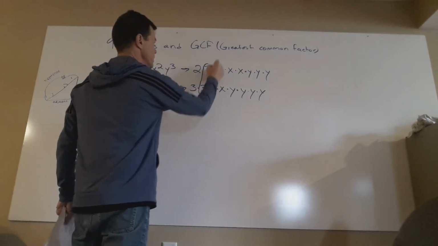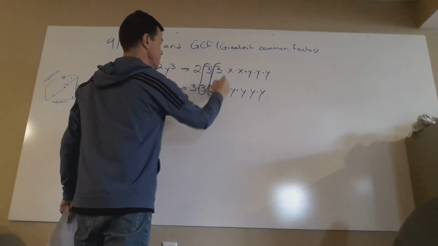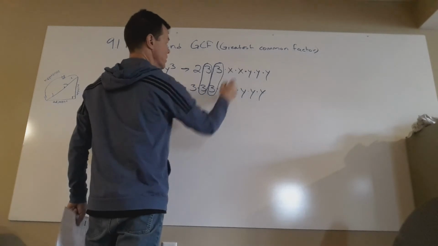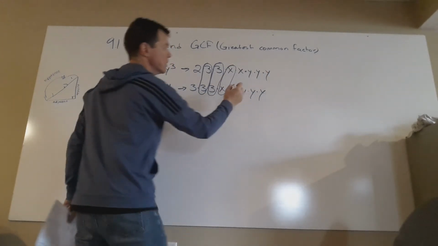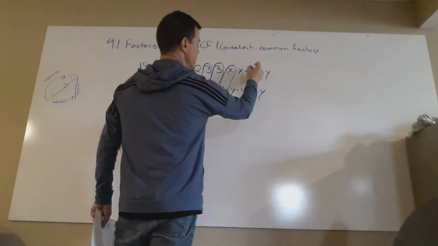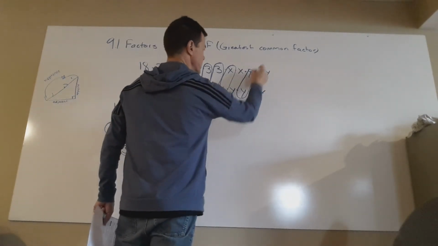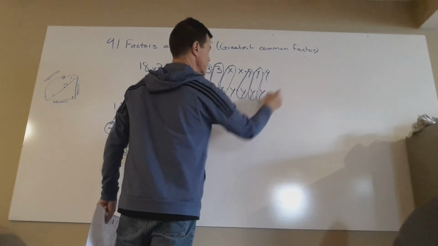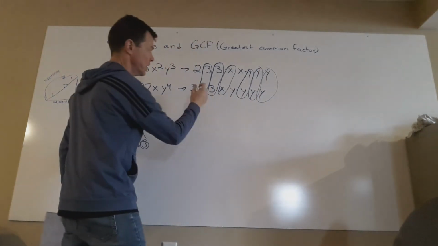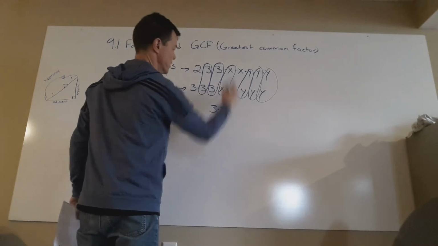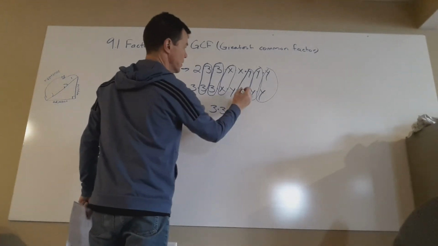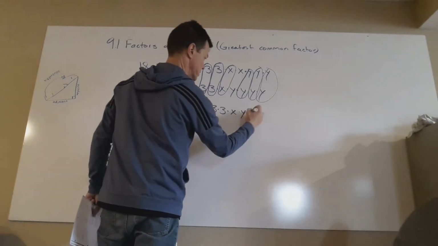Alright, look at your common factors. 3's are common. Again, the 3's are common. You have a set of x's. And then there's y's. Alright, so list all these out. 3 times 3 times x and 3 y's.